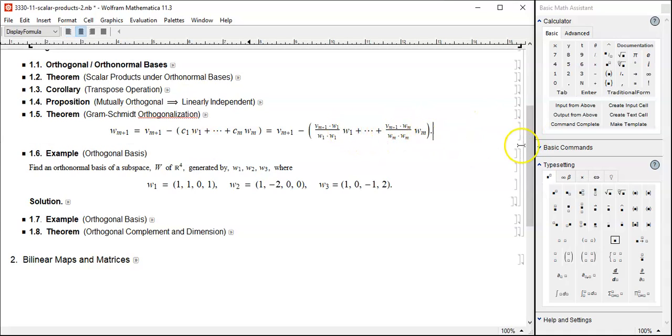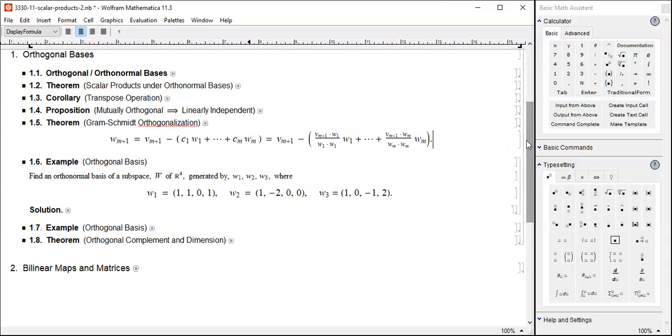W1 through Wm are the orthogonal basis, the mutually orthogonal set we already have. But here, W1, W2, W3 are the basis of the subspace W. So we'll have to use different characters. Let's switch V and W. So we'll have to do it this way.